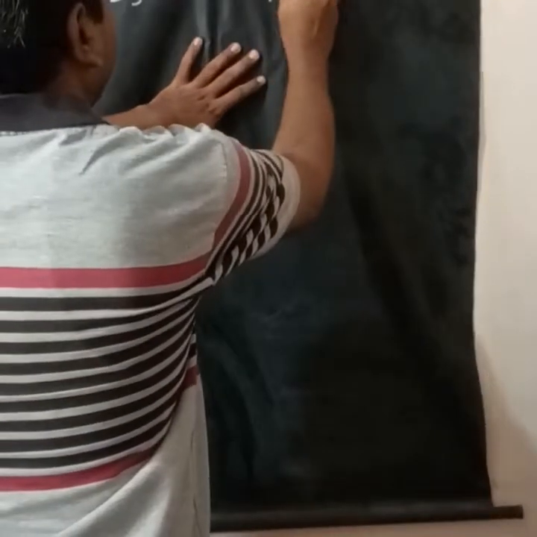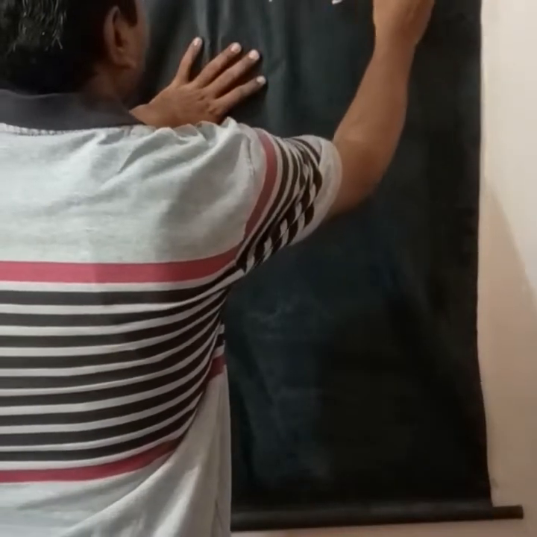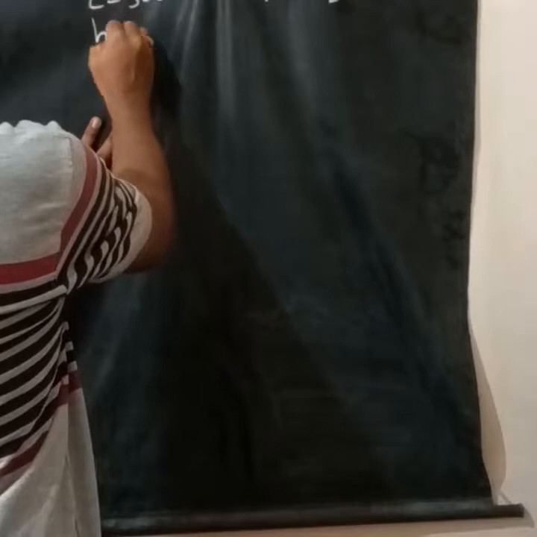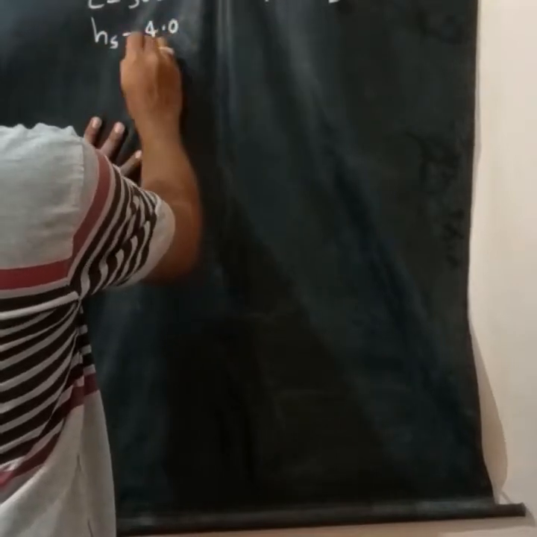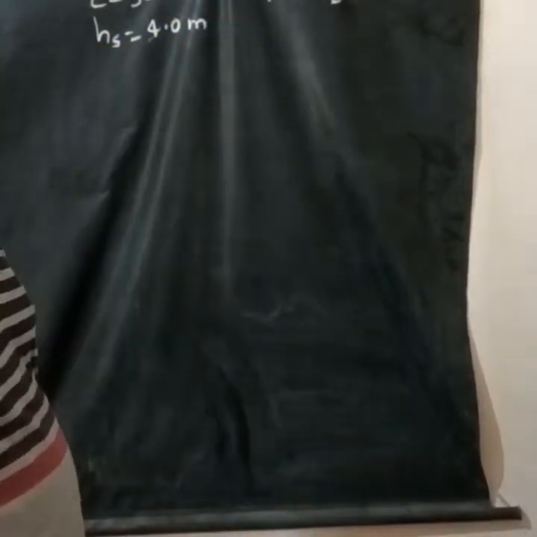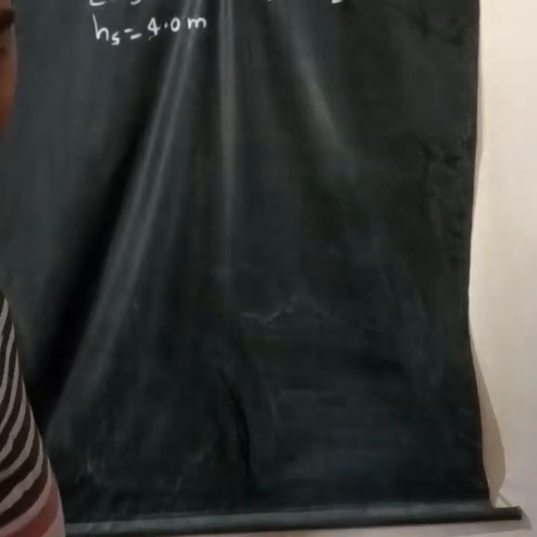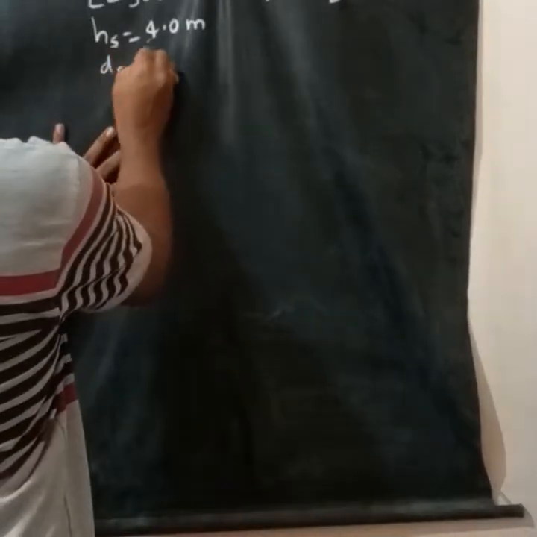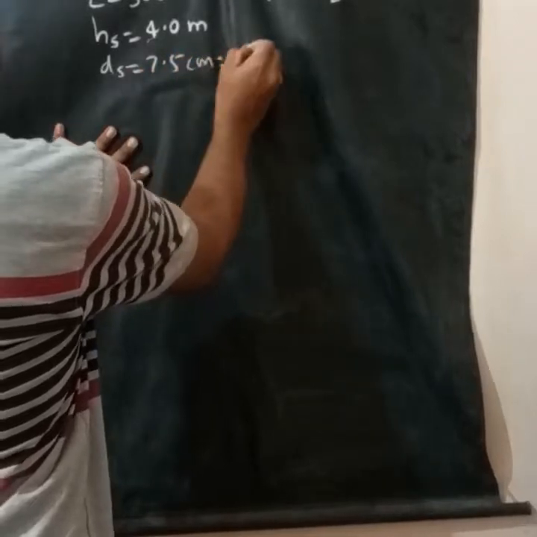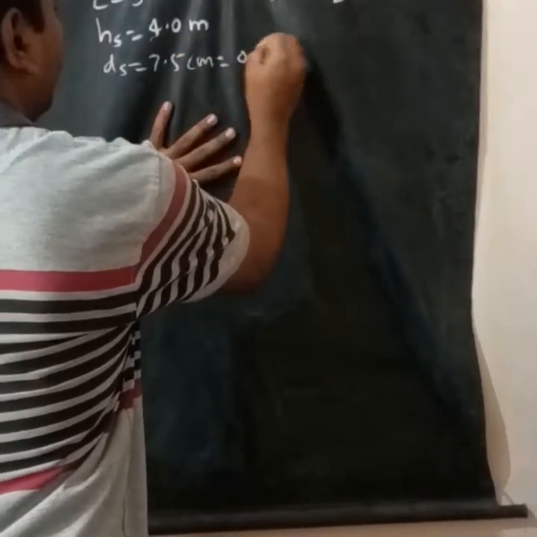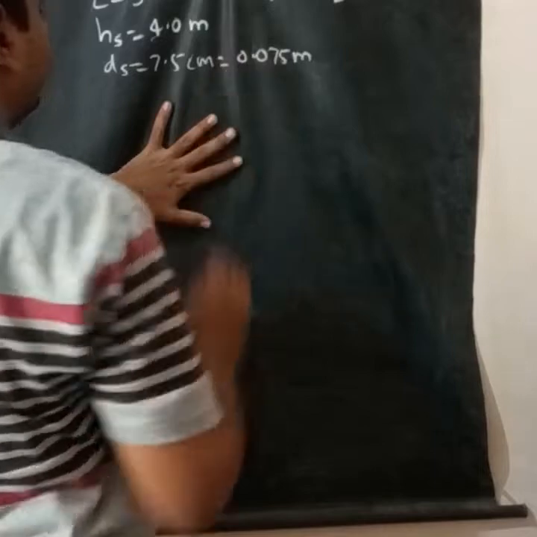Then the crank radius R equals L by 2, which will be equal to 0.15 meter. Then there is the suction head, as we have seen, 4 meter above the sump level. Diameter of suction pipe ds equals 7.5 centimeter, that is 0.075 meter.